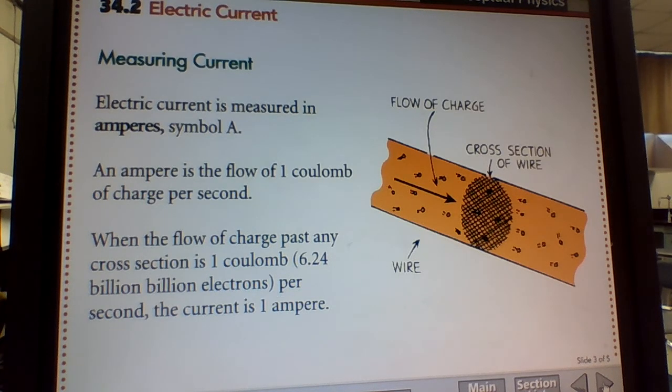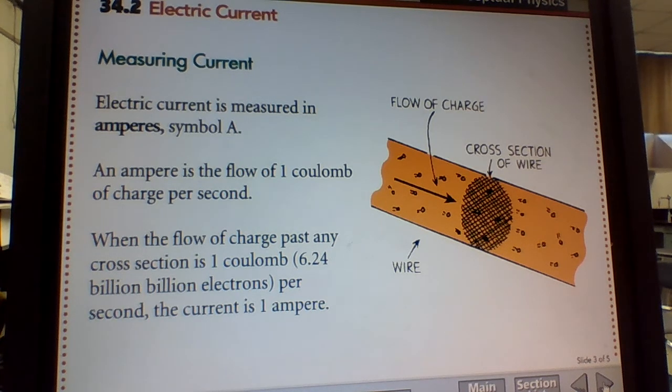Now, to measure current, we look at something called the ampere. Basically, an ampere is the flow of 1 coulomb of charge per second. We have to remember back to chapter 32, what is a coulomb? A coulomb is a pretty large number of electrons. It's 6.24 billion billion electrons, or 6.24 times 10 to the 18th electrons every second.